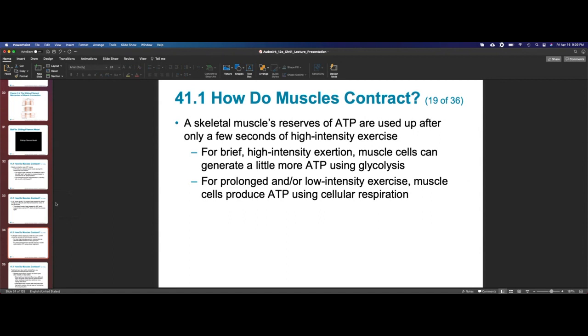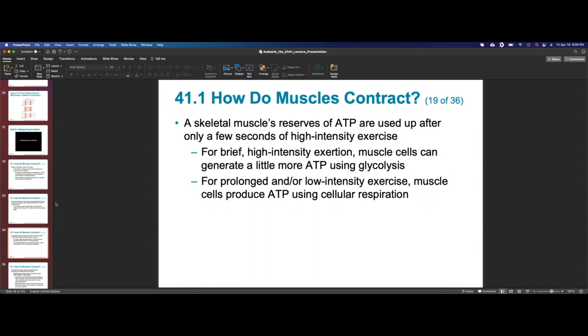It depends on what kind of activity you're doing, slow and sustained activity or brief high intensity activity. If your muscle activity is really high intensity and brief, you're going to use up those ATP reserves in a few seconds, and then you can generate a little bit more using glycolysis.